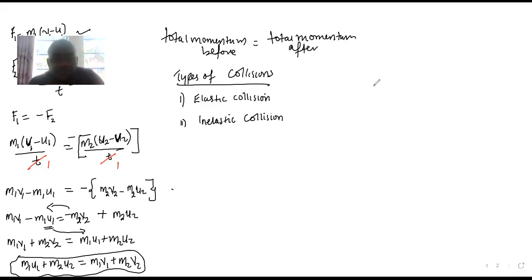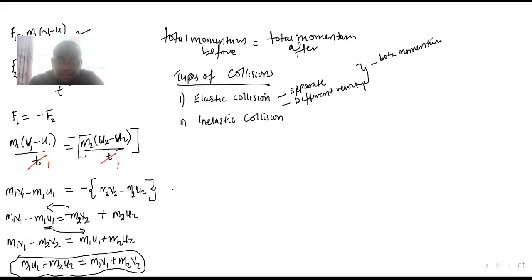Elastic collision, we have the bodies separate after collision and have different velocities. Then out of these two, both momentum and kinetic energy are conserved.